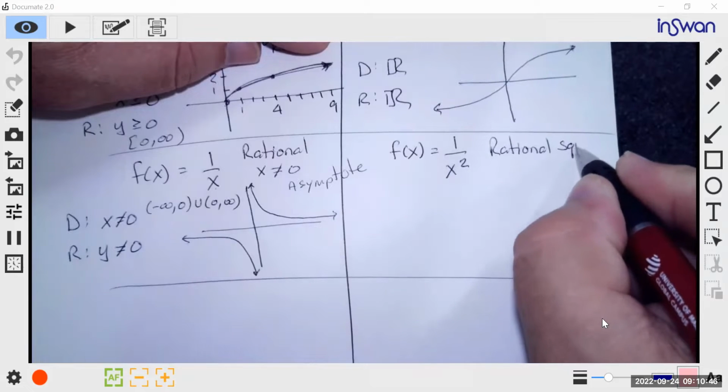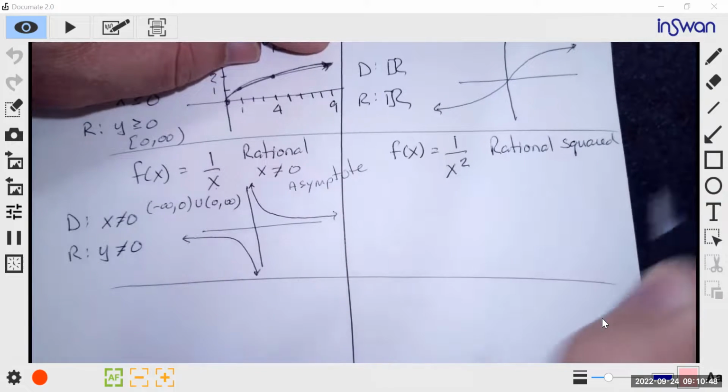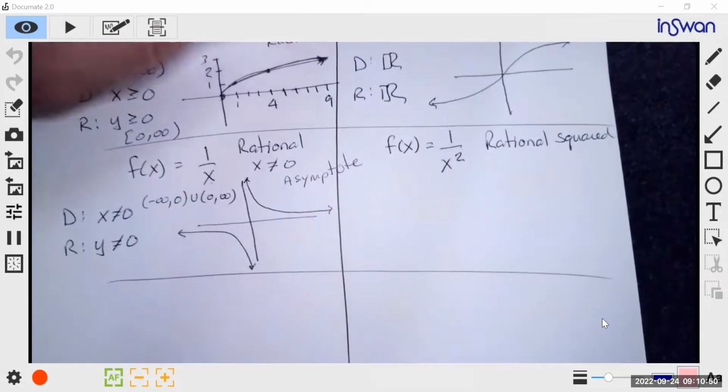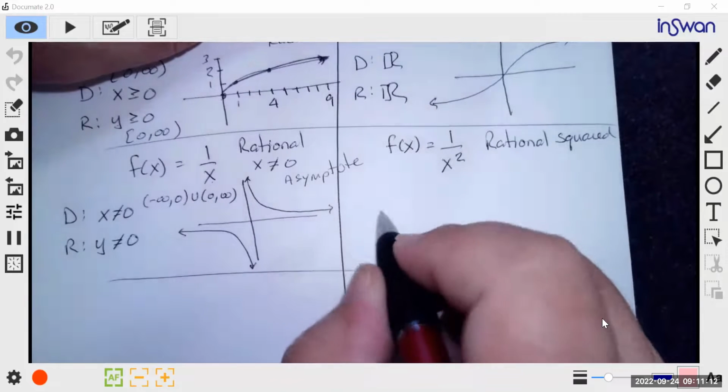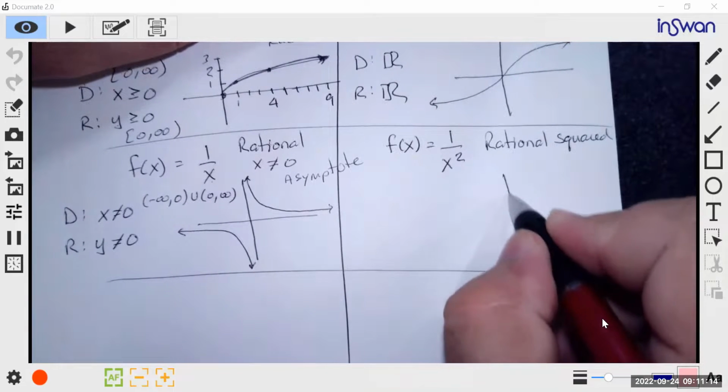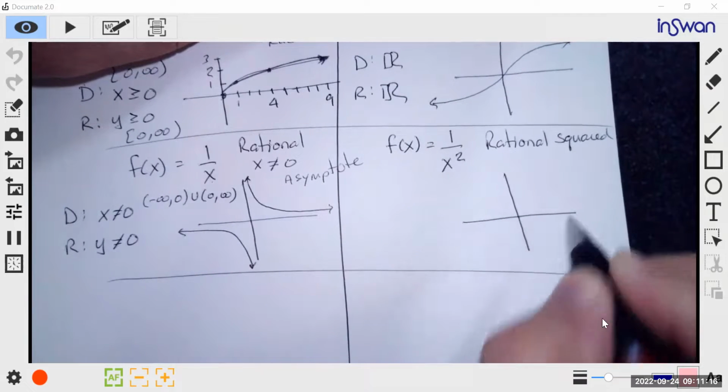Rational squared. So what can you tell me about this graph by looking at the equation?